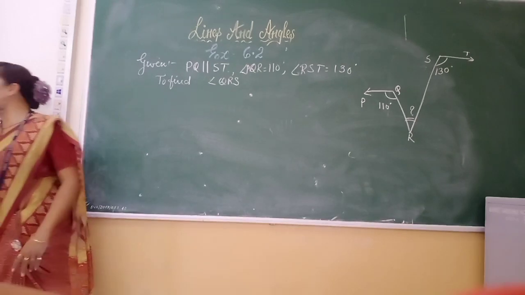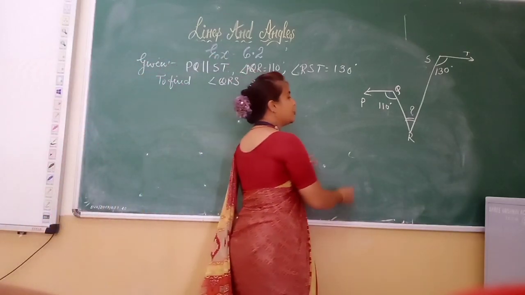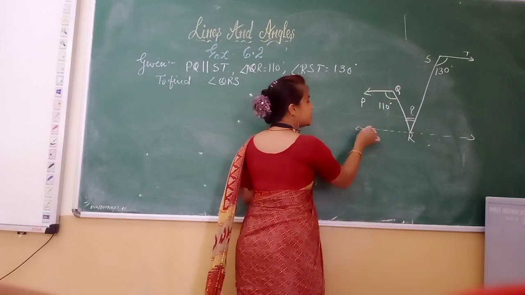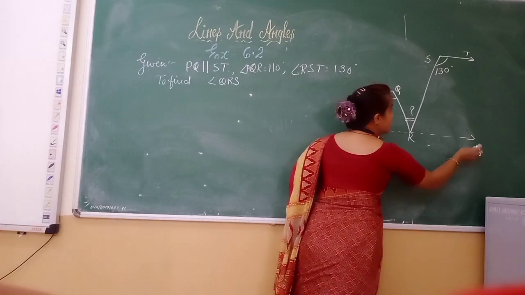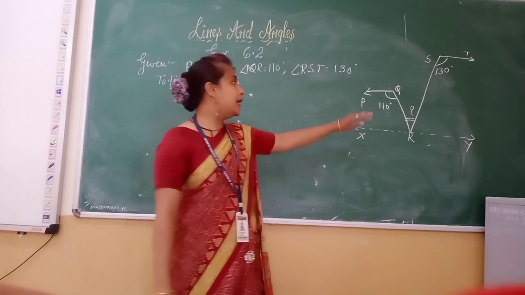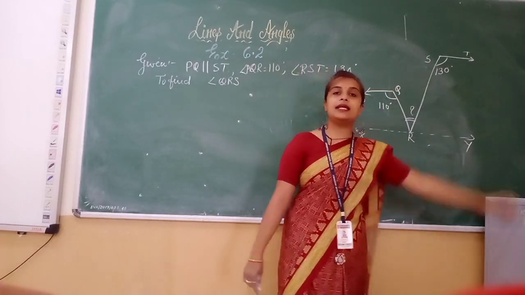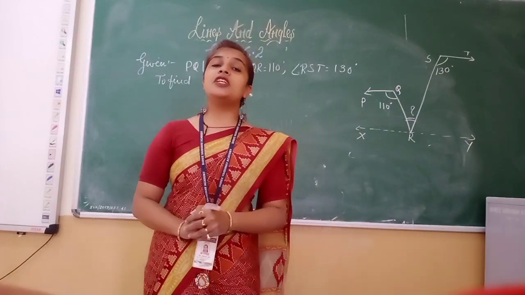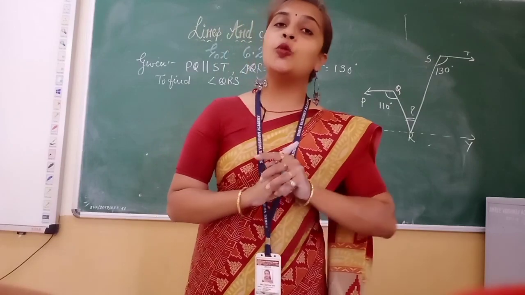उसे फाइंड करने के लिए what we will do here? First of all, we will do a construction. हम एक कंस्ट्रक्शन करेंगे, that is draw a line XY parallel to PQ as well as ST. XY हम एक लाइन ड्रॉ करेंगे which is parallel to PQ.